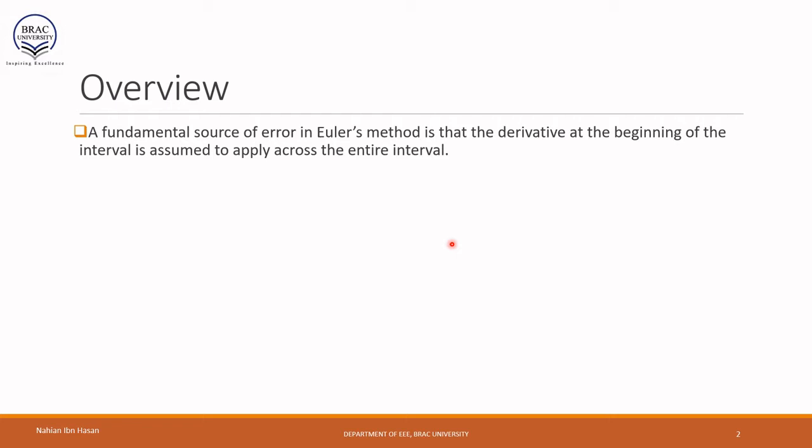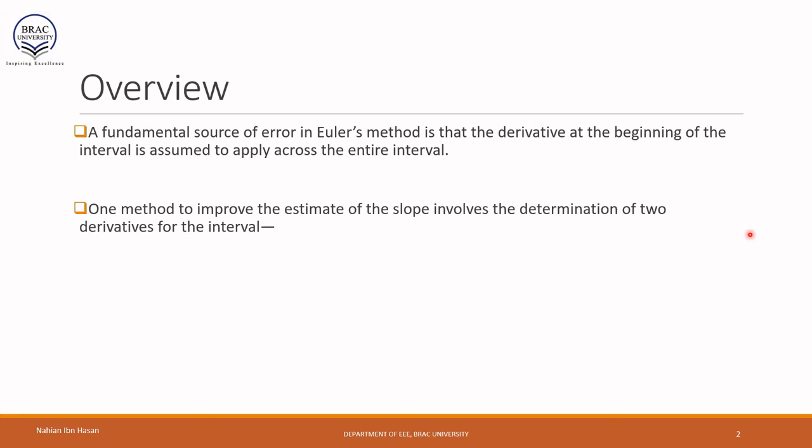The derivative can change, and it actually does, and that's the main source of error in Euler's method. So in Heun's method we are going to estimate the result and the slope with two different equations. That means we are going to extend the idea of Euler's method for a better approximation of the slope within the whole interval.